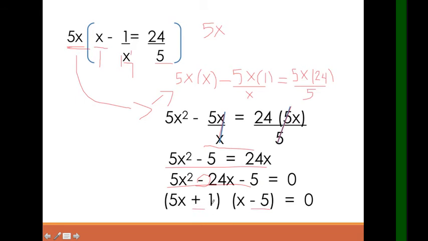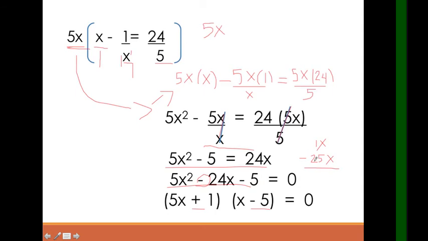Check natin. 1 times x, that is 1x. Next, 5x times negative 5. That is negative 25x. Okay.